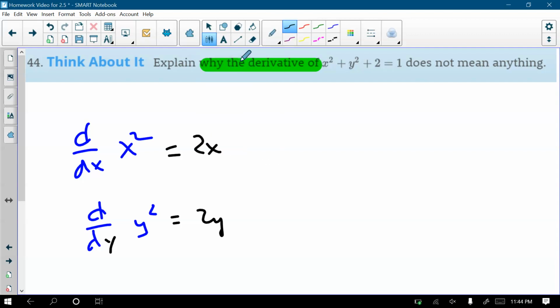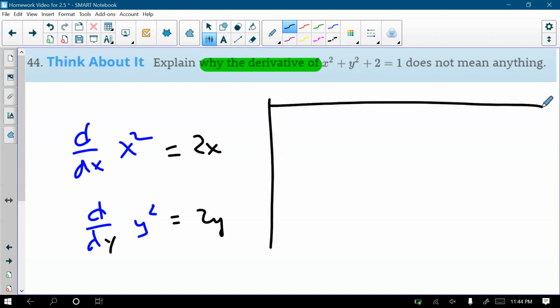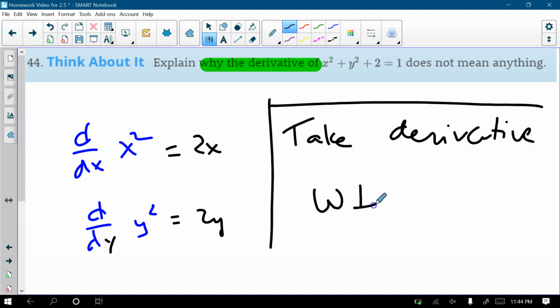So this question is really just trying to get you to understand that when you take a derivative, it is with respect to something.